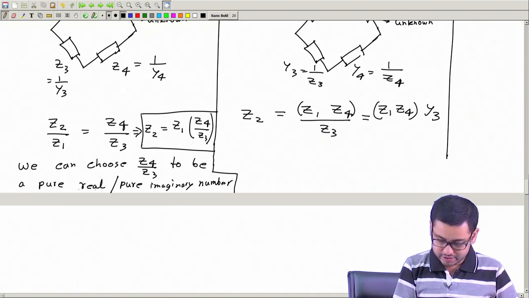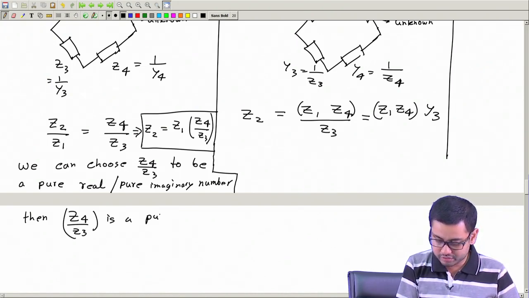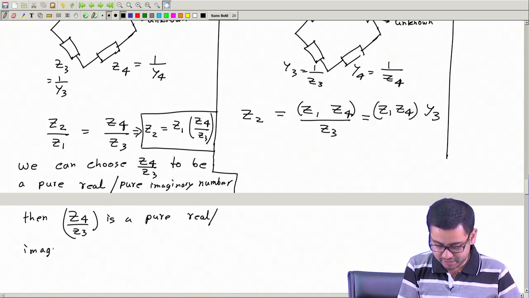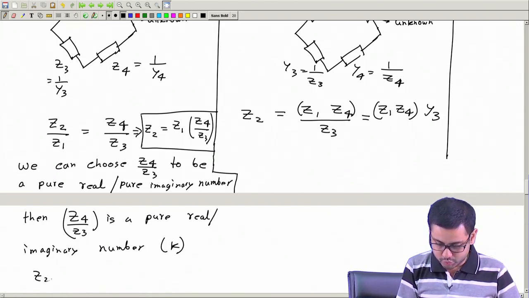Okay. So, if we choose this, then Z4 by Z3 is a pure real or pure imaginary number, call it k, and then we can write Z2 is equal to Z1 multiplied by k.